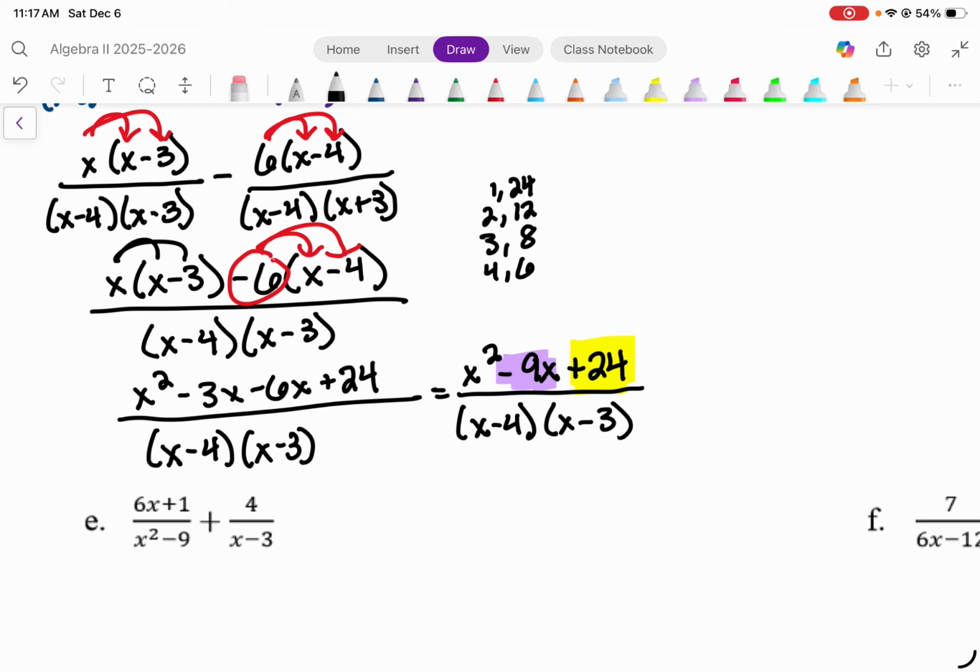So none of those add to get negative 9, because we would get 25, 14, 11, and 10. Yep, so none of those add to negative 9 and multiply to 24. So because of that, we can't factor, and that tells us that we have our answer in simplest form. And you can leave it just like that.